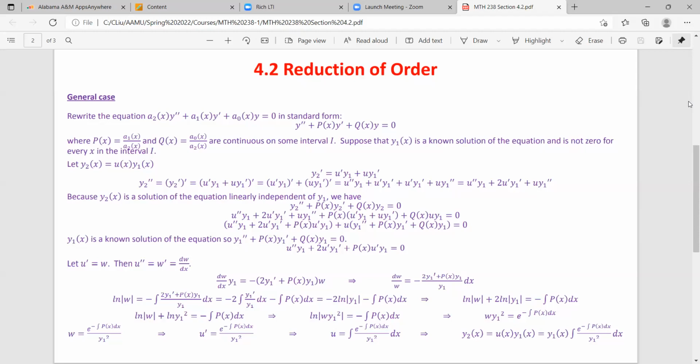And then specifically for a second order linear differential equation, we need to find the two linearly independent solutions for the associated homogeneous equation to make a fundamental set.